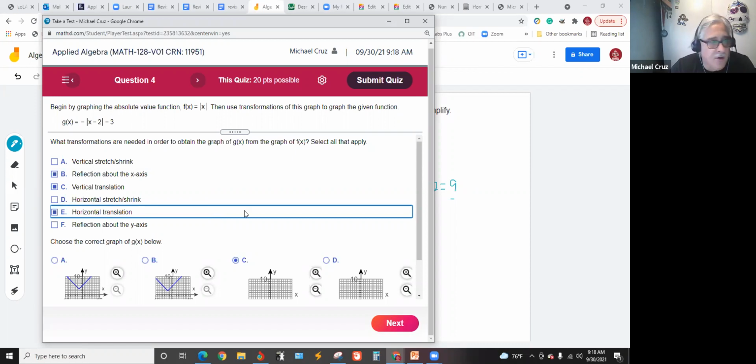There's no stretching or shrinking. Stretching or shrinking has to do with whether there's a number in front of that absolute value sign. And then y-axis, that is when we throw a negative x inside, and that would flip-flop it like that.